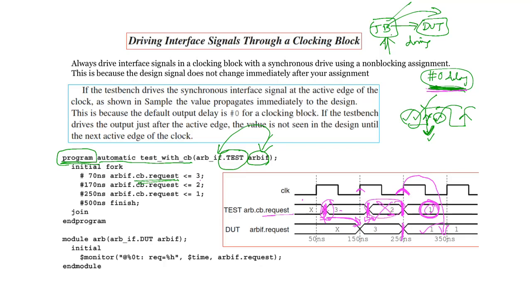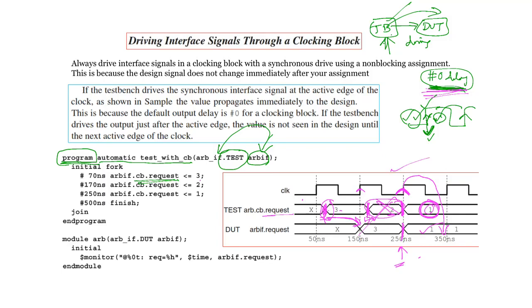So this 2 is not going to appear at the output. This signifies that the driving of interface signals, or driving of outputs of the test bench to the inputs of the DUT, goes with #0 delay. That can be signified with this example.